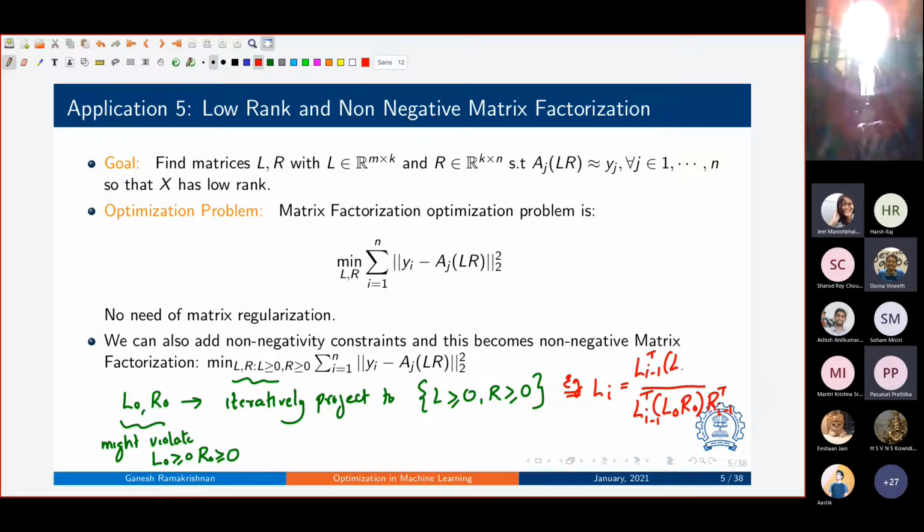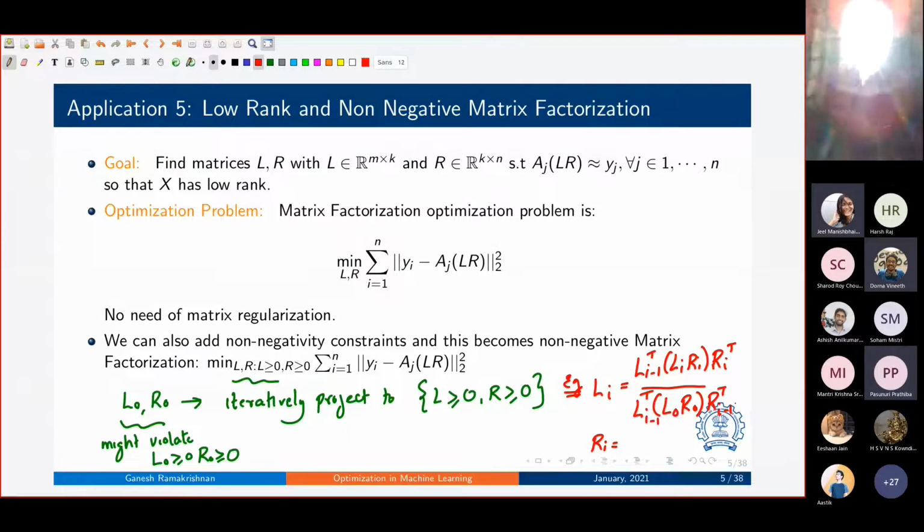I don't think I have the exact expression here, but this is the spirit. If these are thresholded values from the previous iteration, say Li Ri, and they are deviating significantly from the denominator, you're trying to push it up. I'll probably write down the expression more carefully after the class, but this is the idea.